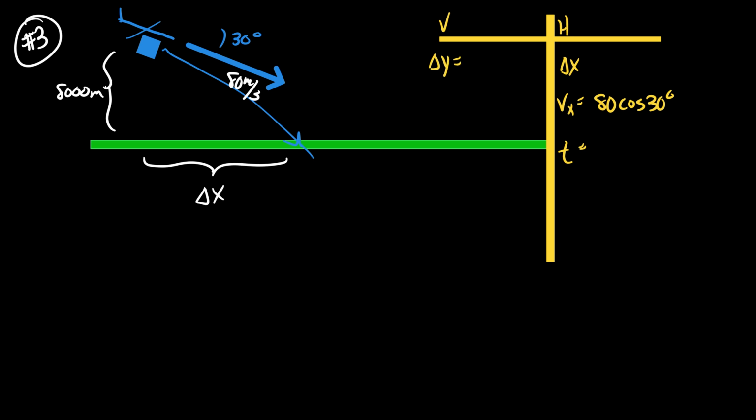Delta y is going to be 8,000 meters, because the package is going to land 8,000 meters below where it started. Vy initial is going to be 80 sine 30 degrees. Vy final, I don't know. The acceleration is going to be 10 meters per second squared and time.